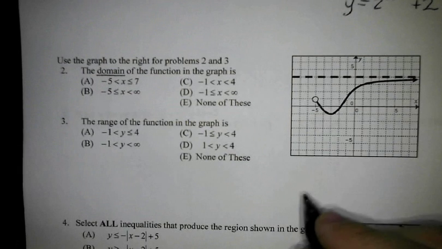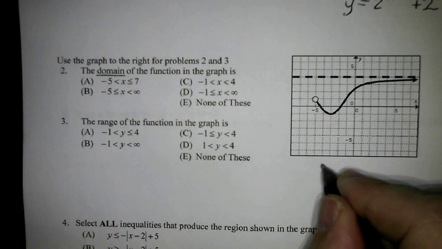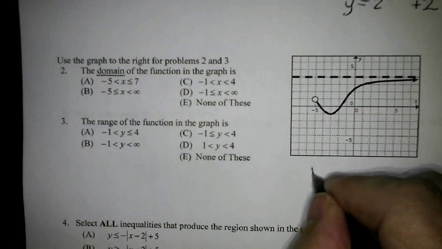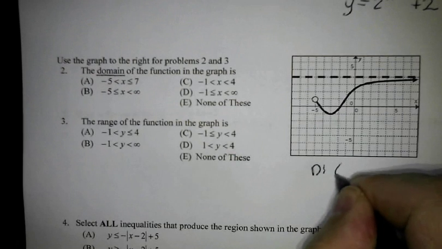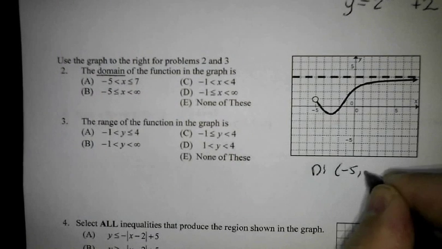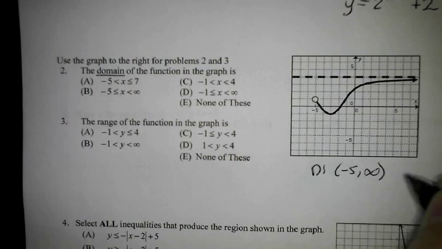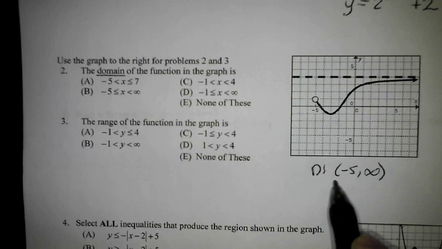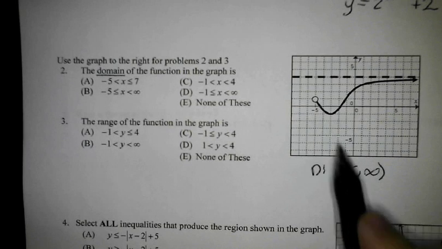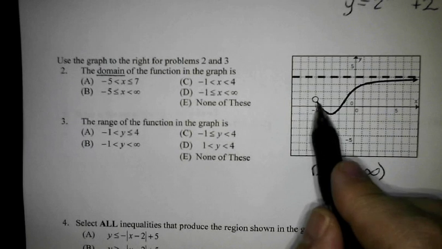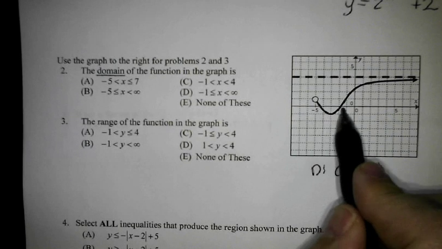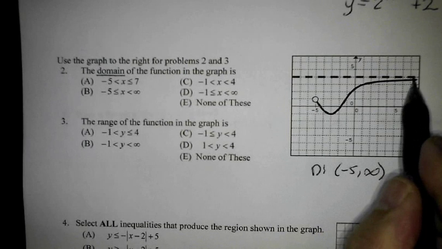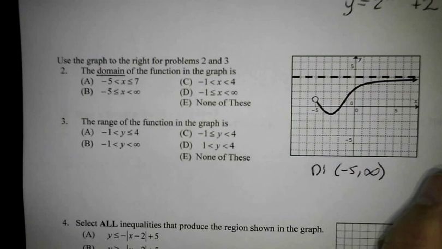So at my low end, if I'm going to do interval notation, my domain is -5, and it's going off to infinity. I have an open circle here, so that's the way this one looks. If it was a closed circle, I'd have a closed bracket, -5, turning up, and then the arrow points that it keeps going on forever.